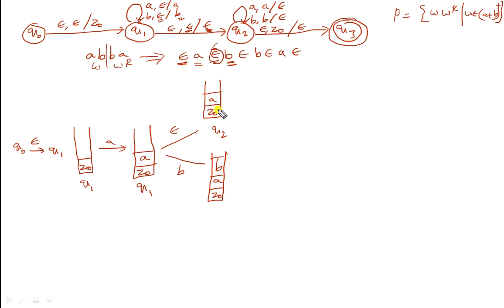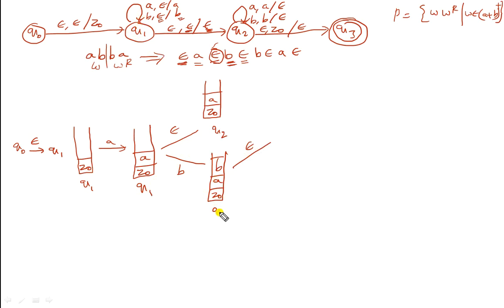So now after B there is an epsilon transition. We may perform epsilon transition or we may omit the epsilon transition. So let us assume that we are performing the epsilon transition. If you perform the epsilon transition after B, what is the state? Q1 on B, the state will be Q1 itself.